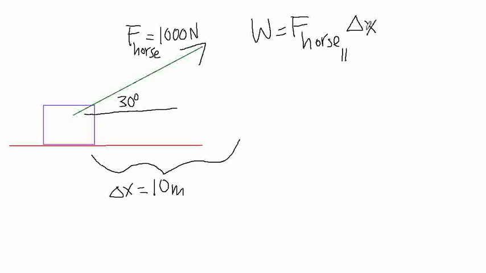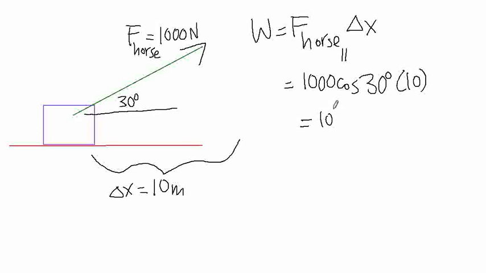So there's our formula for the work. To calculate the component in the direction of travel, the horizontal component, in this case it would be 1,000 times the cosine of 30 degrees, and then we multiply that by 10.